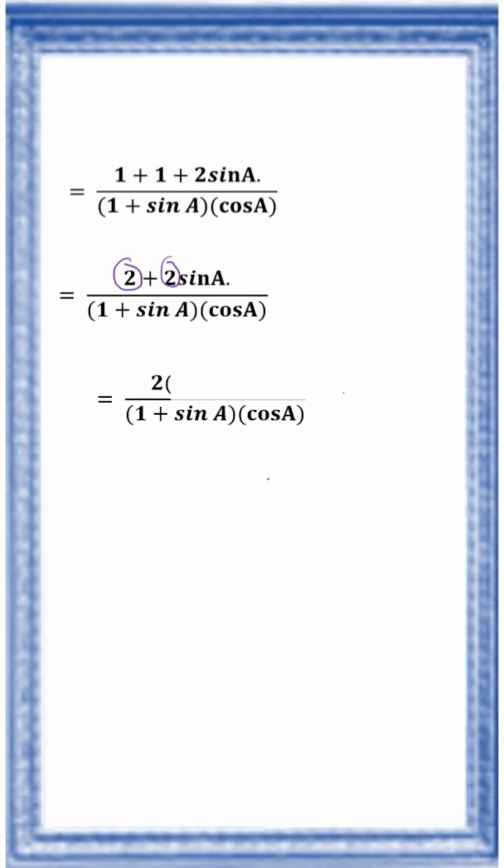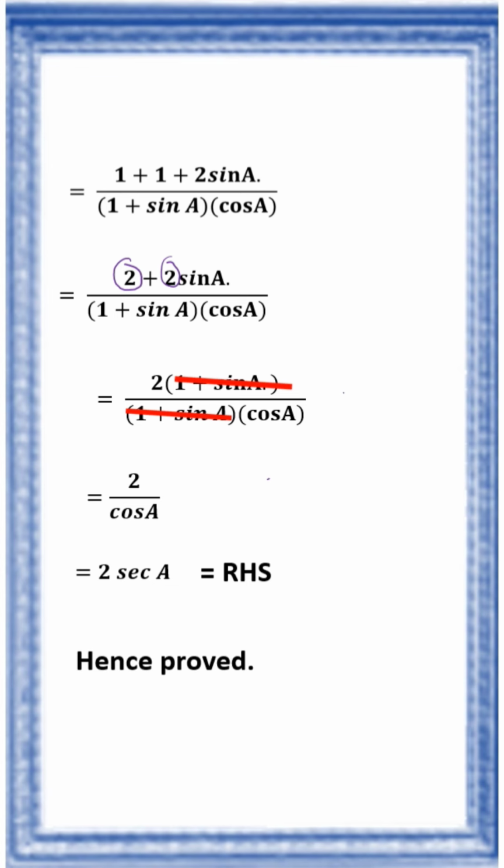Take it outside the bracket, 1 plus sin A inside the bracket. Don't touch the LCM till now. Now you can observe that 1 plus sin A in the numerator and in the denominator can get cancelled. So it is equal to 2 by cos A, which is equal to 2 secant A, which is equal to RHS, hence proved.